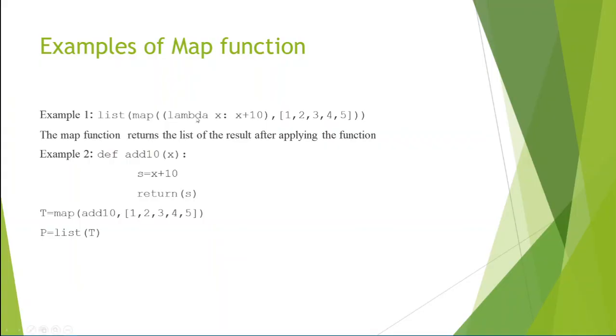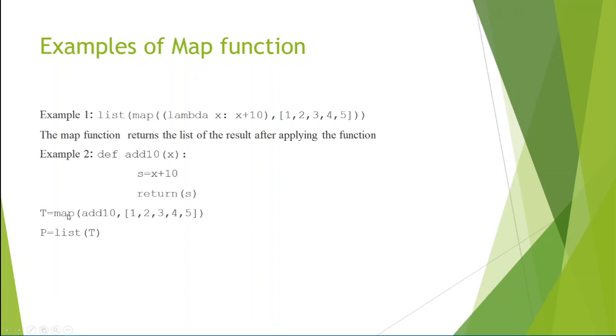Another way of writing this example is shown in example 2. Here we used lambda as a function to add 10 to all the elements. Another way is to write a function which adds 10 to a particular number, and then use map on it. See here, the add10 function is defined using the def statement, which will return the sum of the argument passed to it and 10.